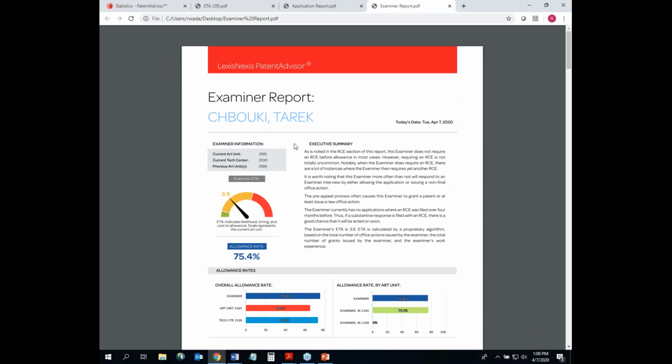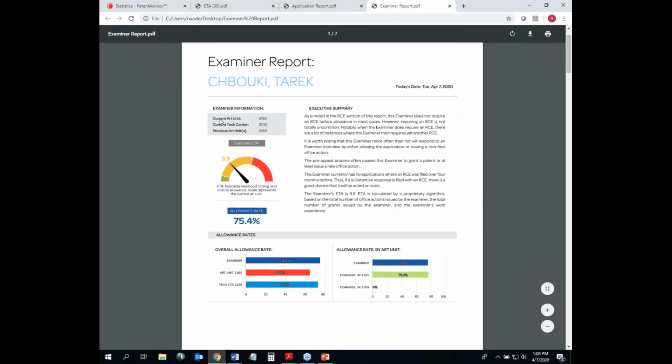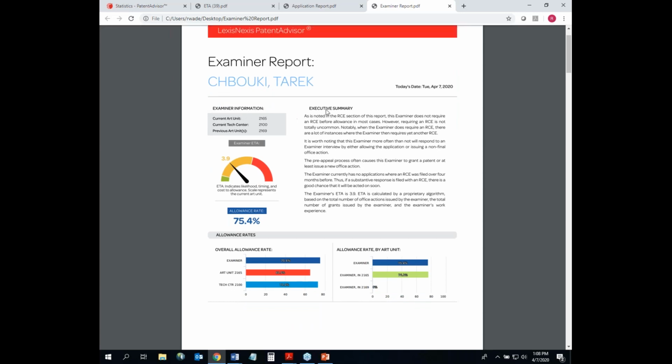So here's my examiner report. You can see that some of this is very similar to what we looked at with the application, but instead of focusing on the application, we're focusing on the examiner. A lot of this is helpful because we're focusing not just on the filer's behavior, but on the examiner's behavior as well.